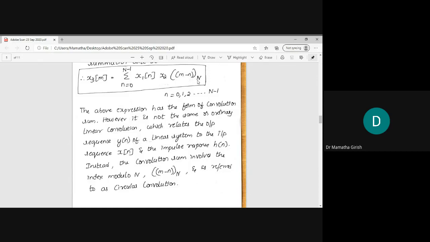For example, if sequence 1 has length 3 and the second sequence has length 5, I always choose the higher length, that is 5. So the length of the convolved sequence in circular convolution will be 5. Whichever sequence has the greater length, that will be maintained as the length of the convolved sequence. We'll touch upon this more when we solve numericals.